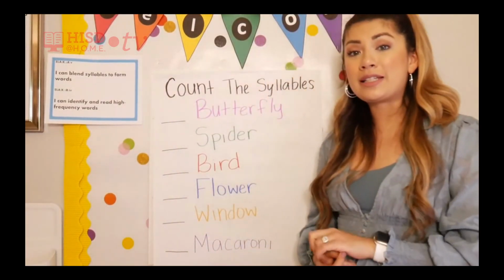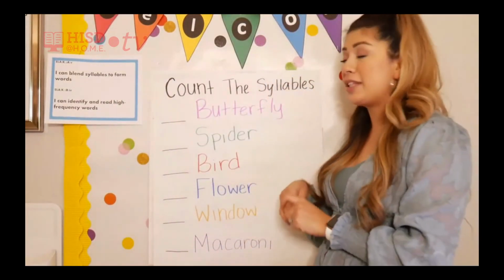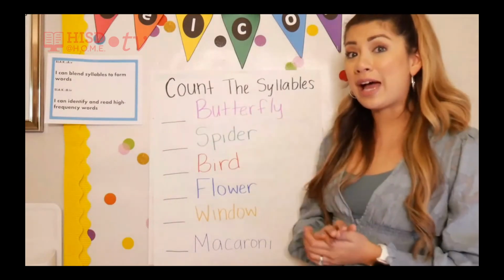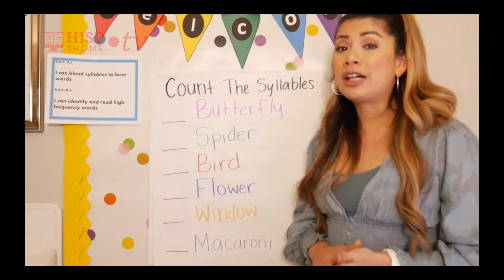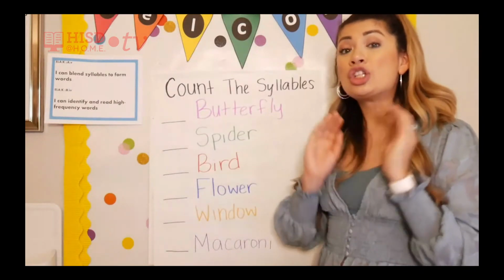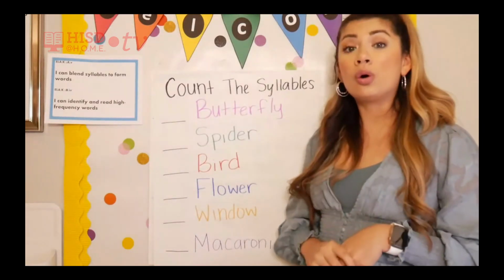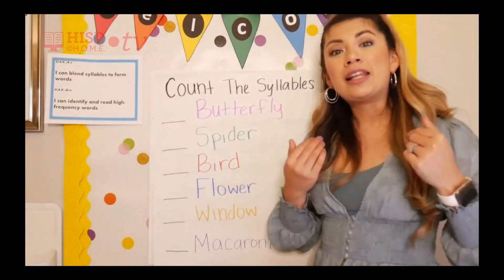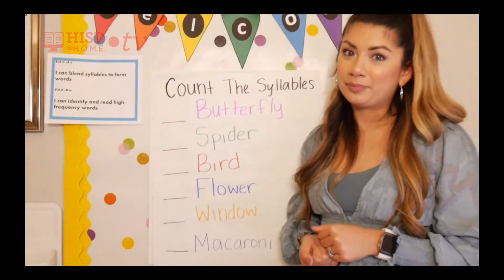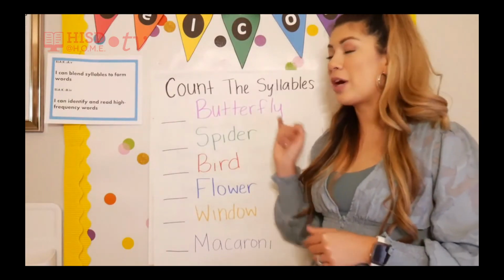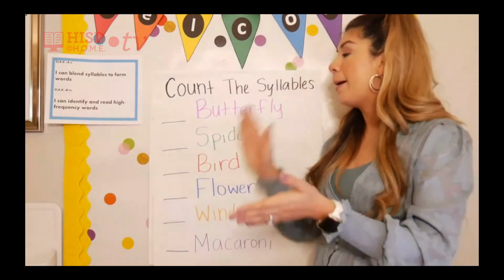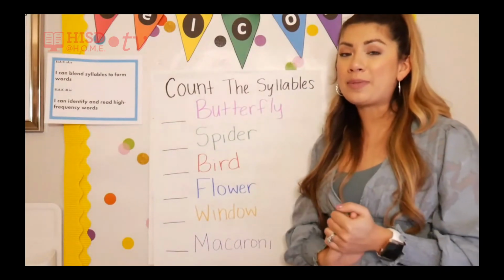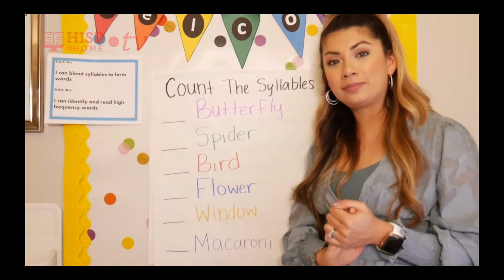Now for practice, you can count the syllables in these words. You're going to say the words out loud and you're going to clap for each chunk of the word or use pieces or chunks of paper like we did today. Let's try the first one together. Ready? Butterfly. How many times did I clap for that word?